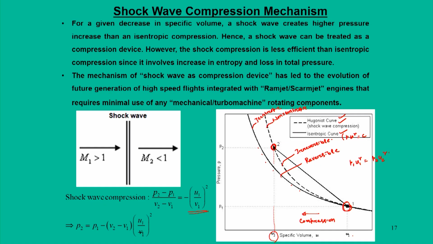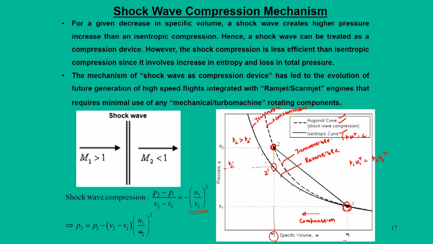For a given compression from V 1 to V 2, or compression ratio V 1 by V 2, the corresponding pressure for an isentropic compression is P 2 dash, and the corresponding pressure for a Hugoniot or shock wave compression is P 2. Obviously, looking at this figure, we can say P 2 is greater than P 2 dash.